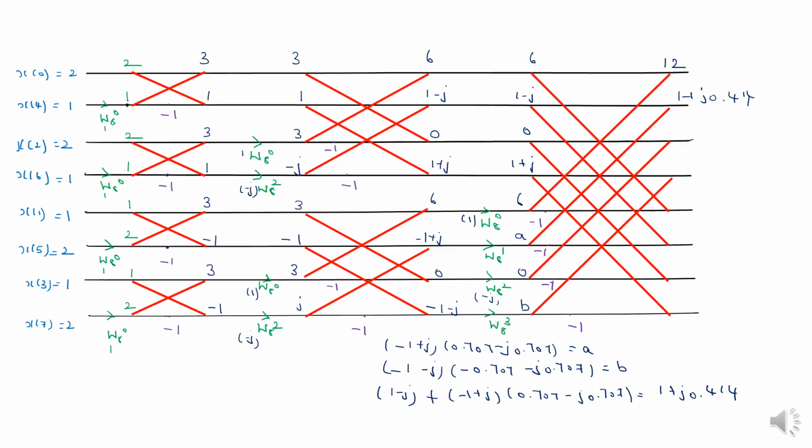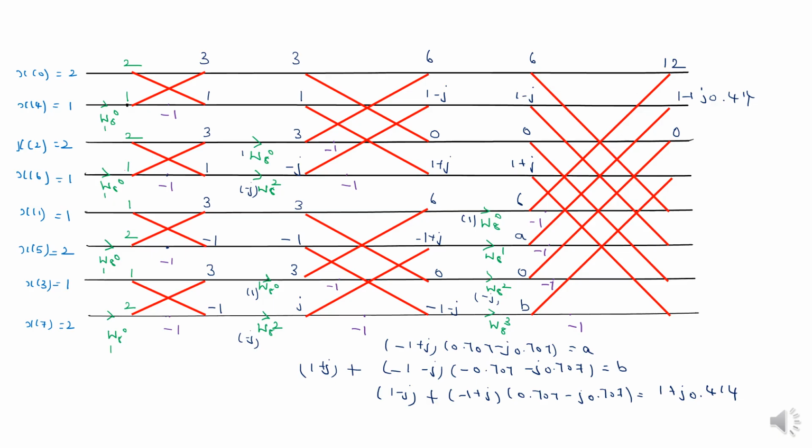Similarly, we need to find the value at this point. The value at this point is 0 plus 0. It is going to be 0. The value at this point is 1 plus j plus b. So it is 1 plus j plus minus 1 minus j into 0.707 minus j 0.707.